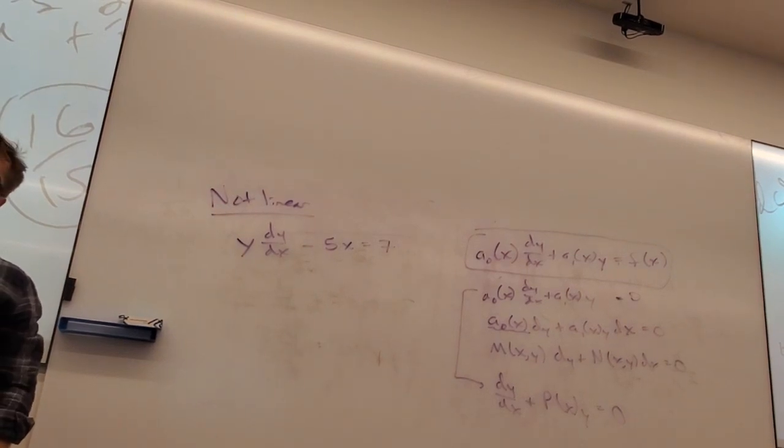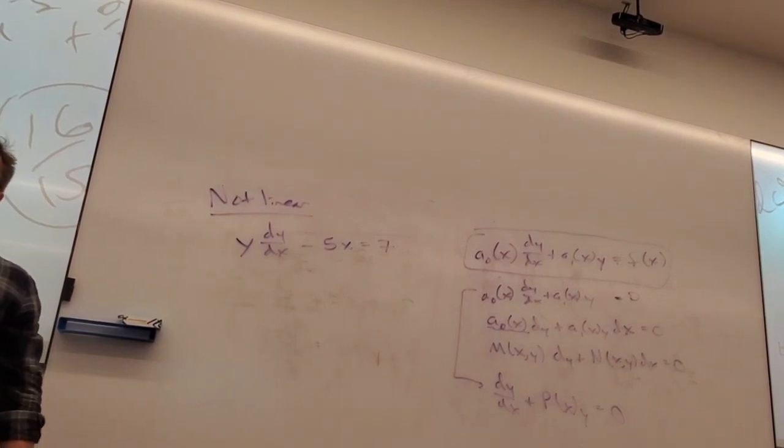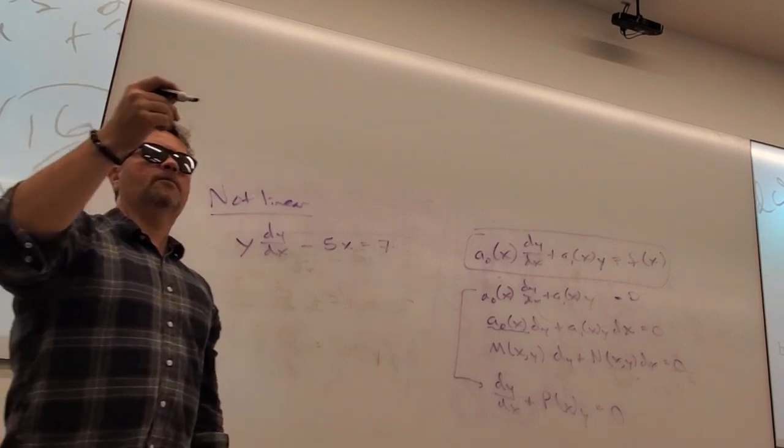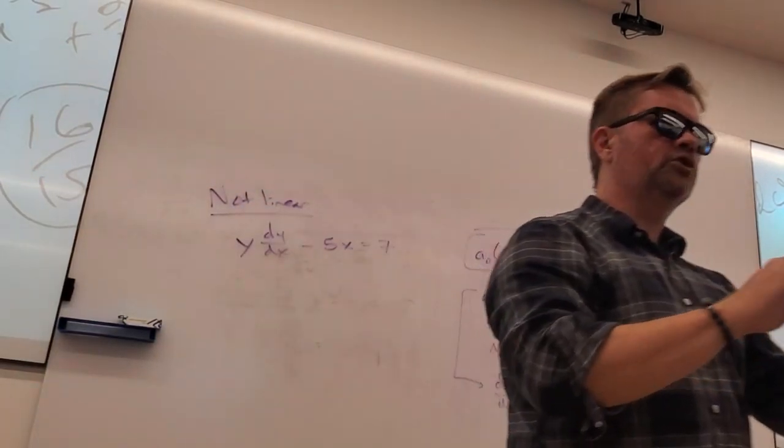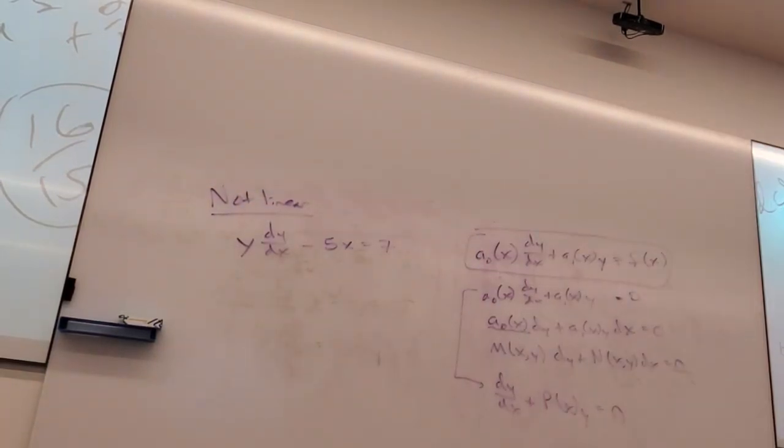Because it's y dy/dx? Yes. So in just a straight up normal equation from like algebra, x squared is not linear because it's x times x, right? It's a function of x multiplied by itself, so it's not linear. It's got a power other than one.